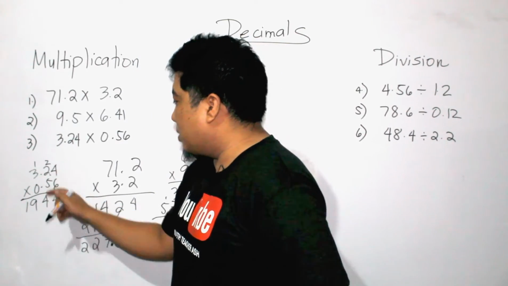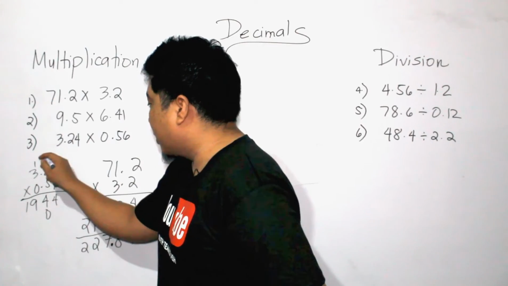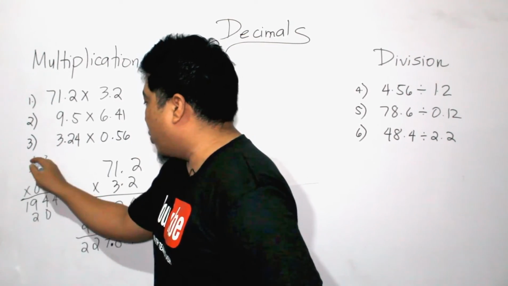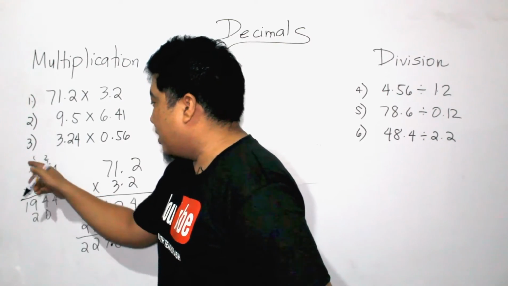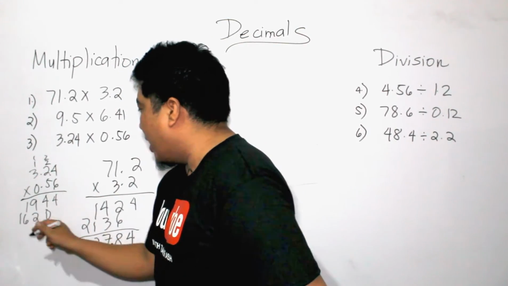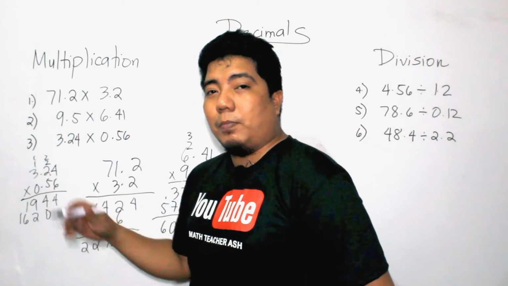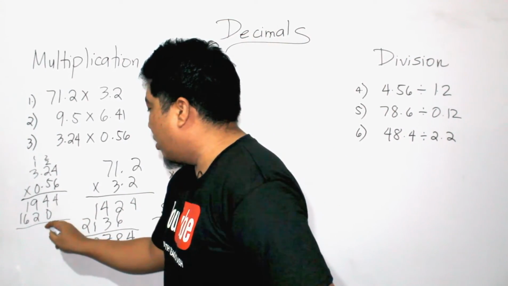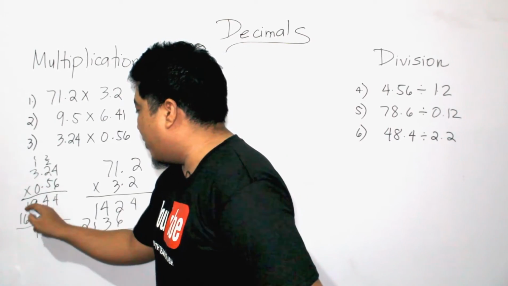Okay. 5 times 4, that is 20, carry 2. 5 times 2, that is 10, plus 2, that will be 12, carry 1. 5 times 3, 15, plus 1, 16. Now, we will not multiply the 0 here because that is insignificant. So, that is 4. 4. 9 plus 2, 11, carry 1.